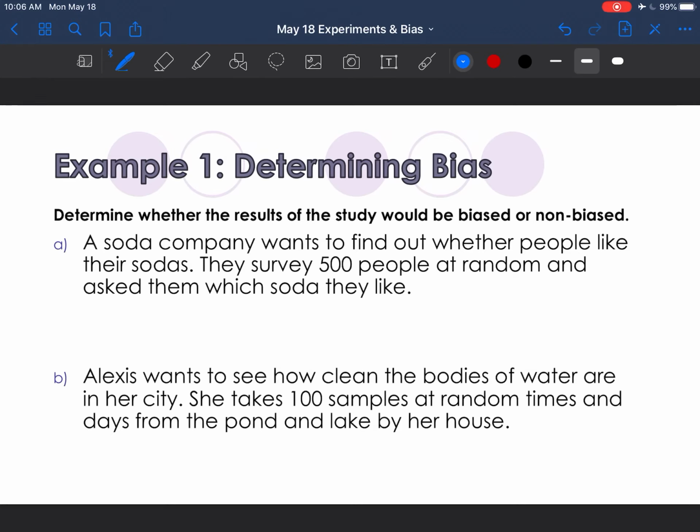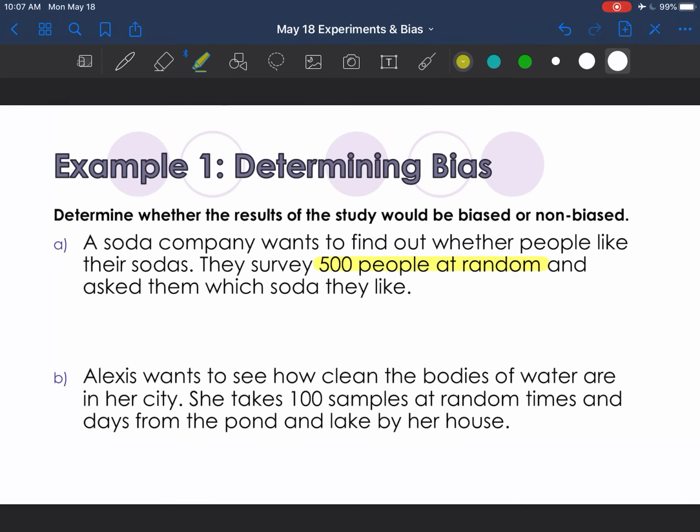So let's check this one and see how they chose their sample. Well, it looks like they chose 500 people at random. So taking this at face value, they just chose it at random, 500 people, let's say from just the entire population. Then there's no inherent bias in there.